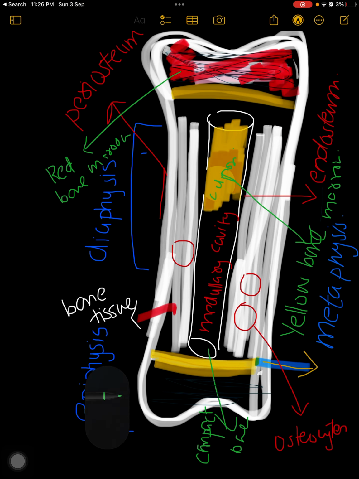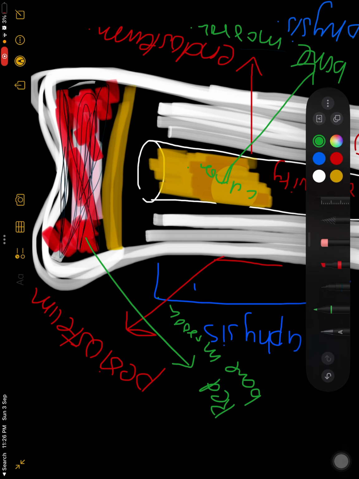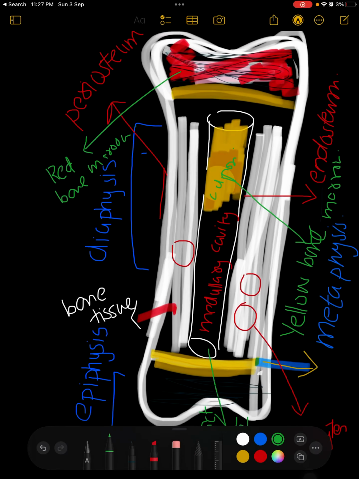Let me make this clear. I hope this is clear like this. This is the porous bone, and it contains the red bone marrow, which is responsible for producing the RBCs.